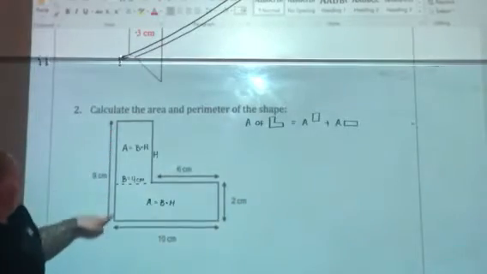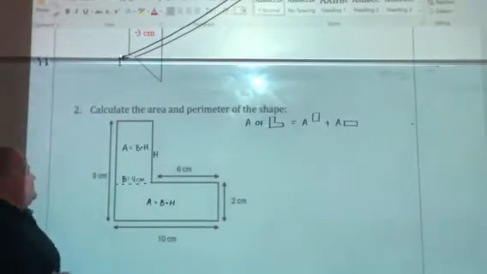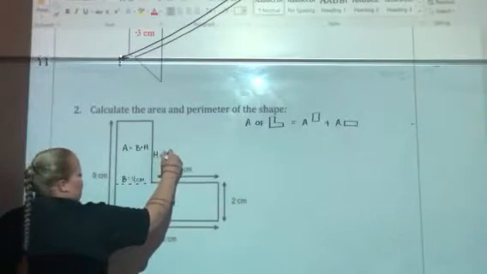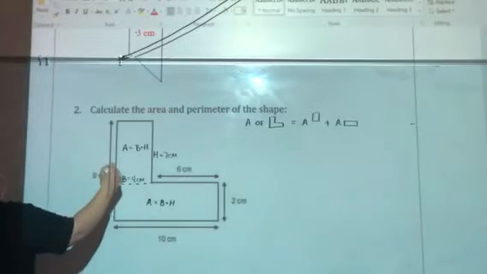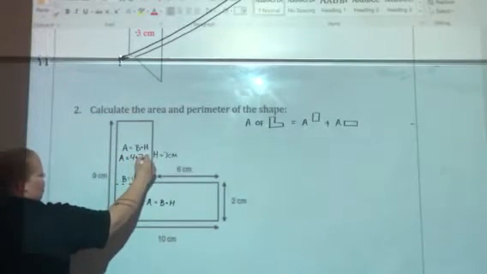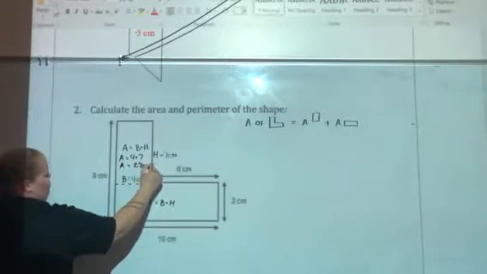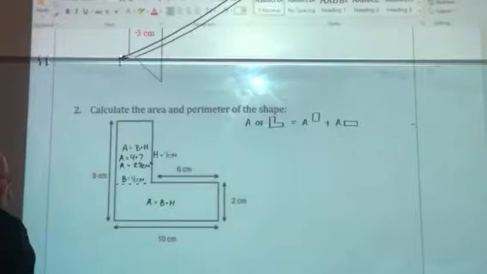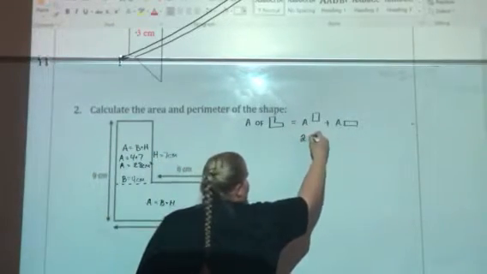So if I take the 9 and subtract the 2, I'm left with 7. So H is going to equal 7 centimeters. So the area for this part is going to be 4 times 7, which is 28 centimeters squared. So I'm going to go ahead and plug that in. The area of this top piece is 28.